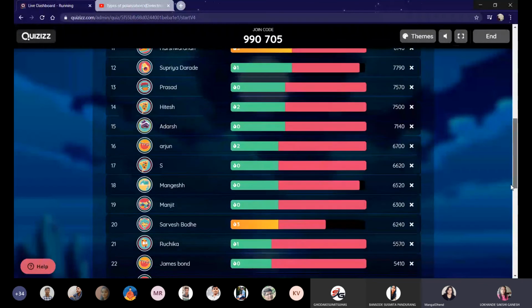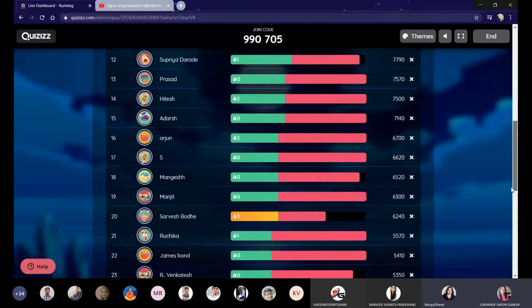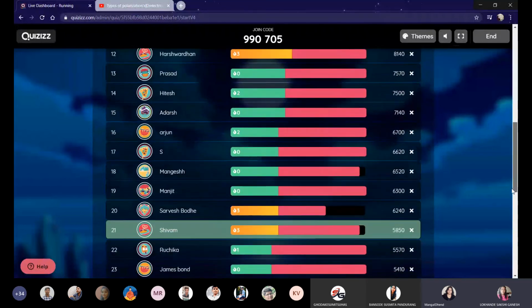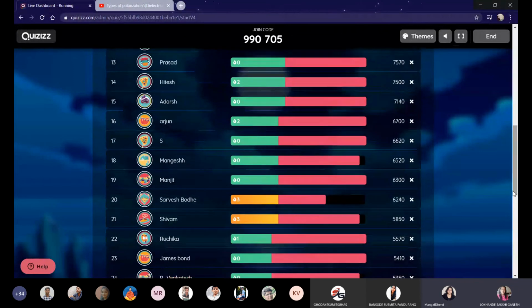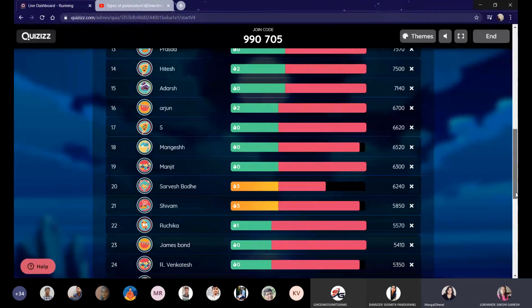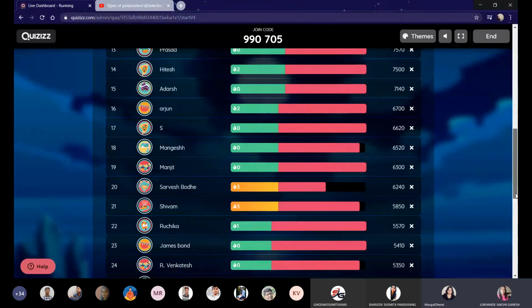Arjun, 16th. Manjeet, good, 19th. Sarvesh, 20. Ruchika, 22. James Bond, oh my God. Who is James Bond? Let me see James Bond. Venkatesh, 24. Can you scroll down below?